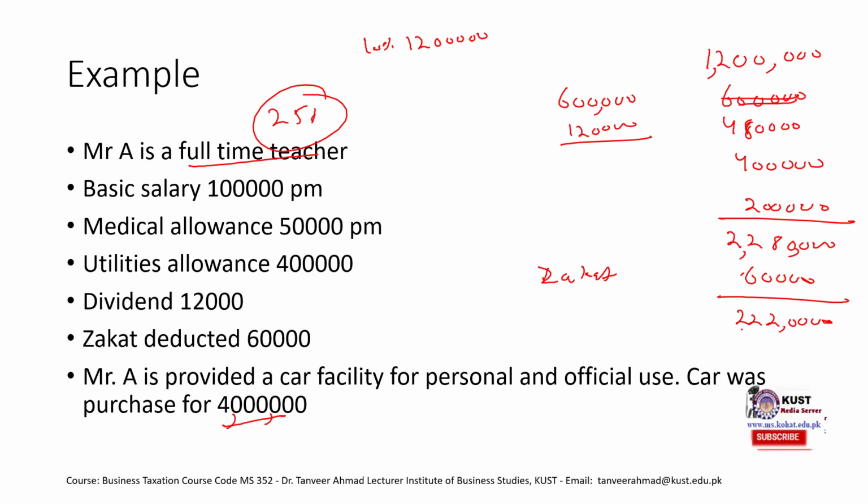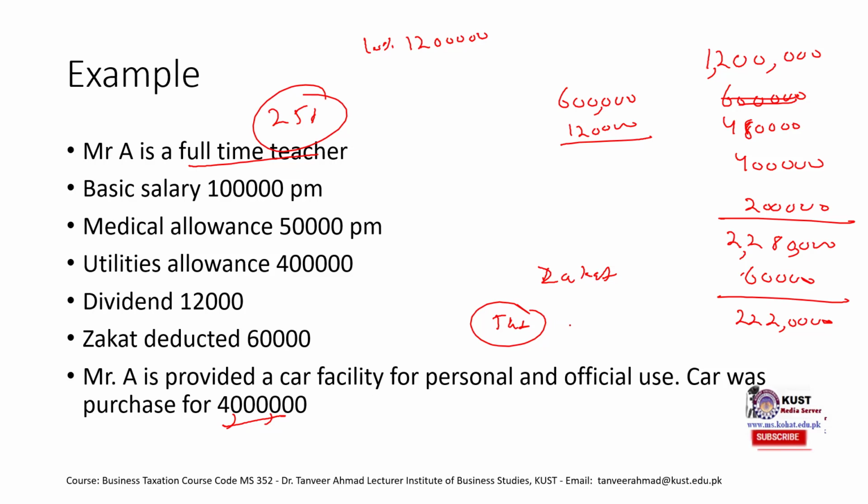Okay, so now we would have to calculate the tax on this. So how do we calculate the tax? First, we would have to see in which slab this would fall, right? So this is 22 lakh rupees, so this would fall in, okay, you can go back and check the slab. What you would have to do is you would have to calculate the tax amount, remember.